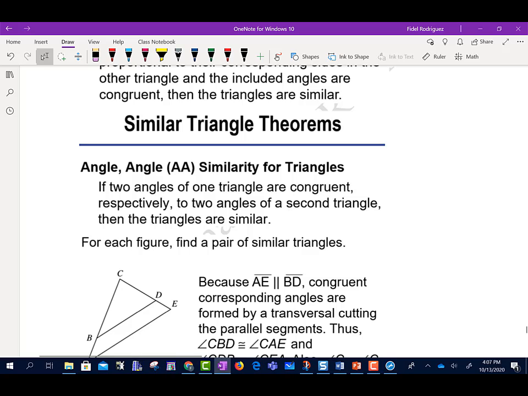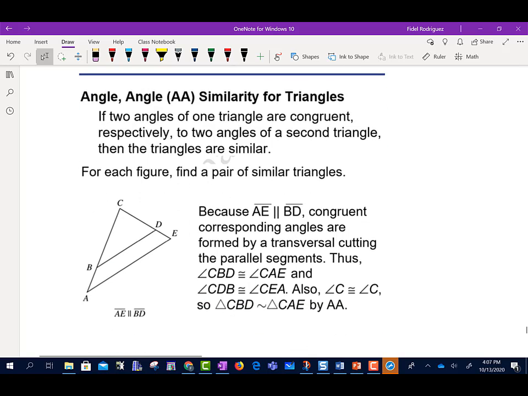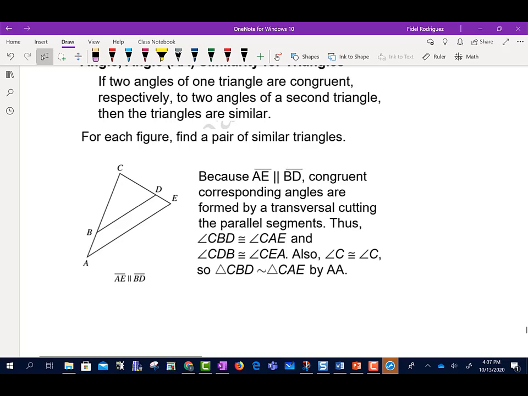And then we have the similar triangle theorem, angle-angle similarity. It says if two angles of one triangle are congruent respectively to two angles of a second triangle, then the triangles are similar. And it says for each pair, find a pair of similar triangles. So a pair of similar triangles, what we would have here would be triangle CBD, this would be one of them, and triangle CAE.